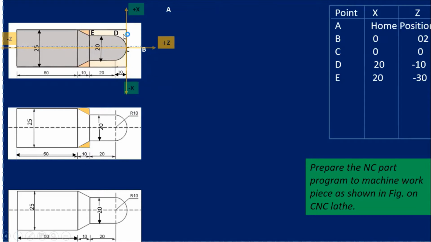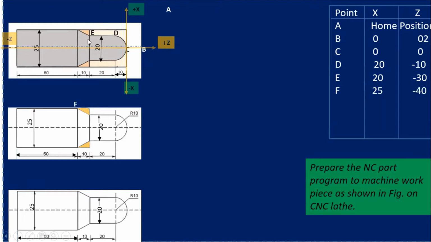When the tool moves from D to E, again it is plain turning. The diameter is 20 and the length is 20 plus 10, which will be 30. That will be minus 30, because again I'm repeating, as the tool moves towards the left side from the face of the component, the coordinates will be minus.